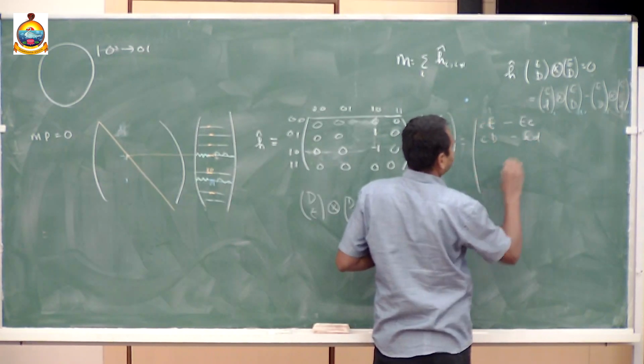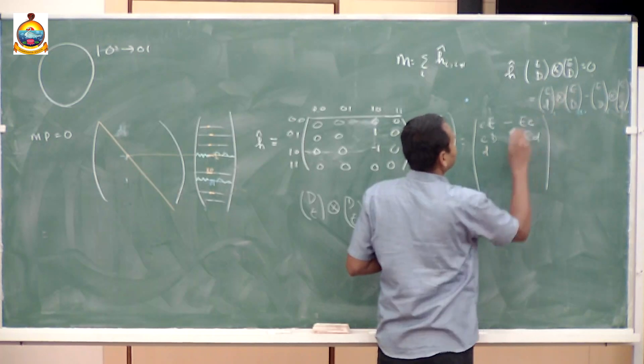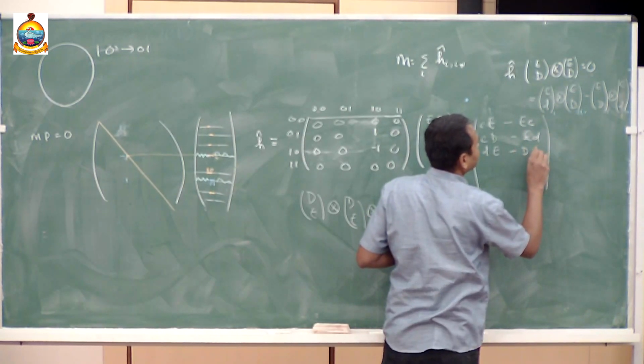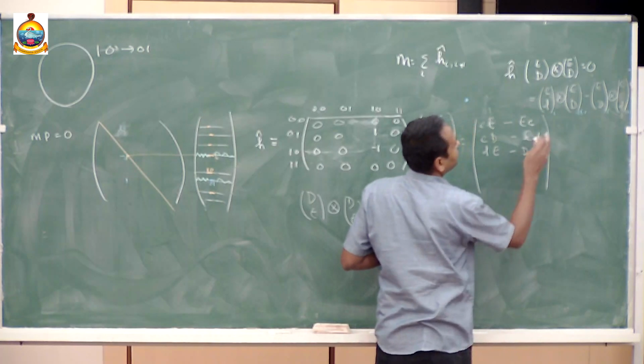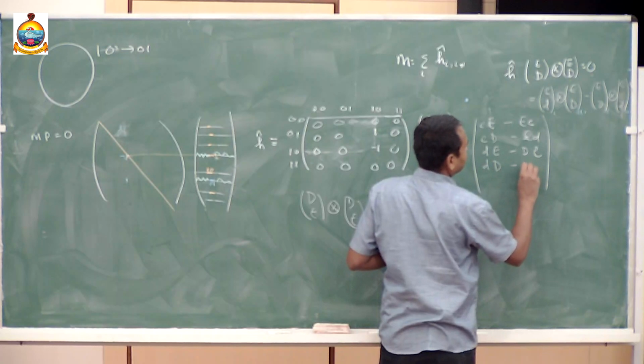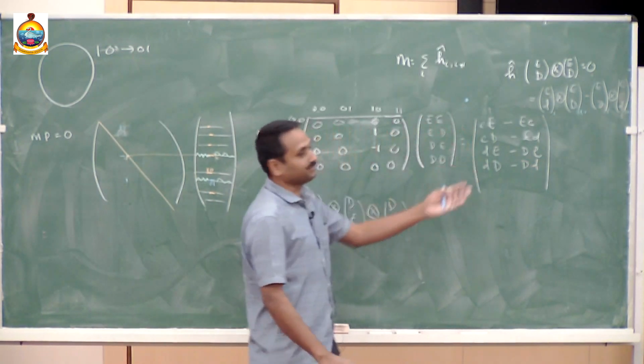Okay, and the next one is DE, D times E, this times DE minus DE. Next one is DD minus DD minus capital D, small d. Okay, so this is the equation you have to solve.